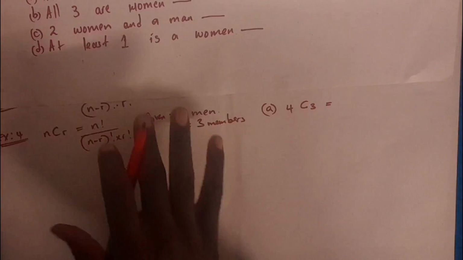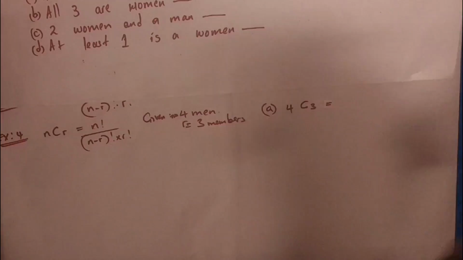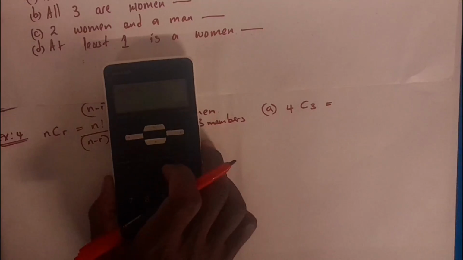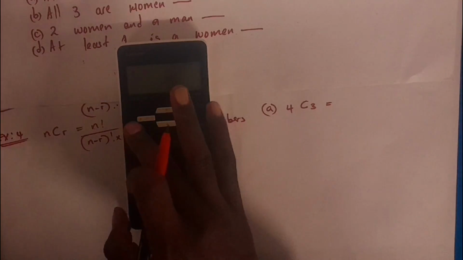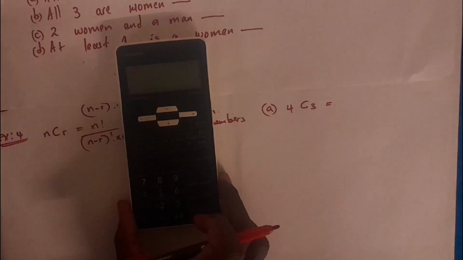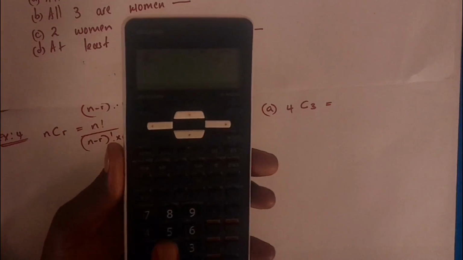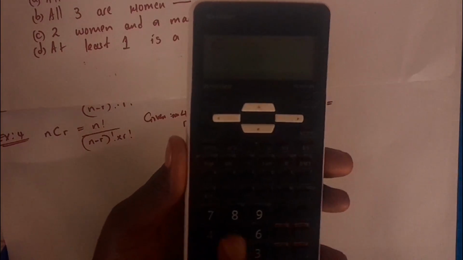And on this one, guys, this is a longer method. We can use the shortcut method here. You press 4, then the second function, and then the choose function, which we're going to find here on number 5.